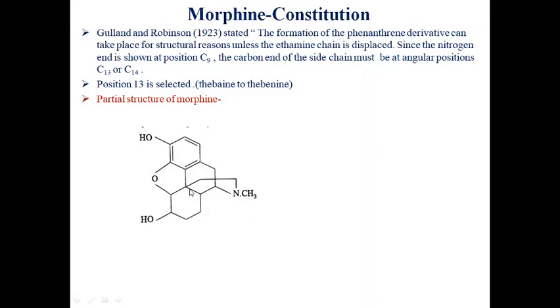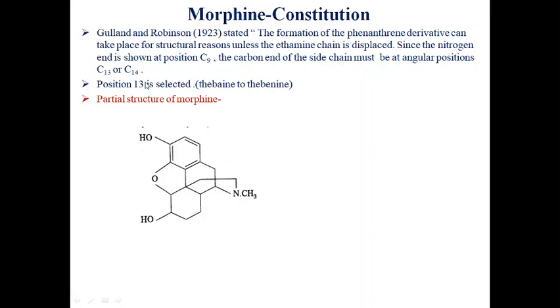Position 13 is selected on the basis of the reactions of this compound, thebaine, which also belongs to the opium alkaloids. This thebaine converts into thebenine. So on the basis of this, the inference drawn is position 13. We need not go into the detail of this.